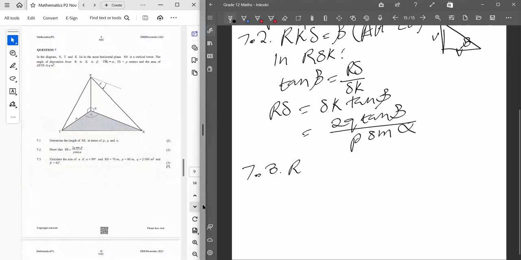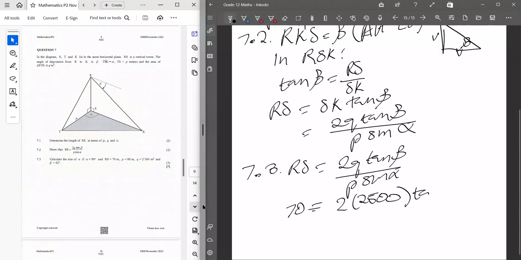So RS is 2Q tan beta over P sine alpha, right? Let me just substitute. RS is 70, Q is 2,500, beta is 42 degrees, and P is 80, so it's 80 sine alpha.